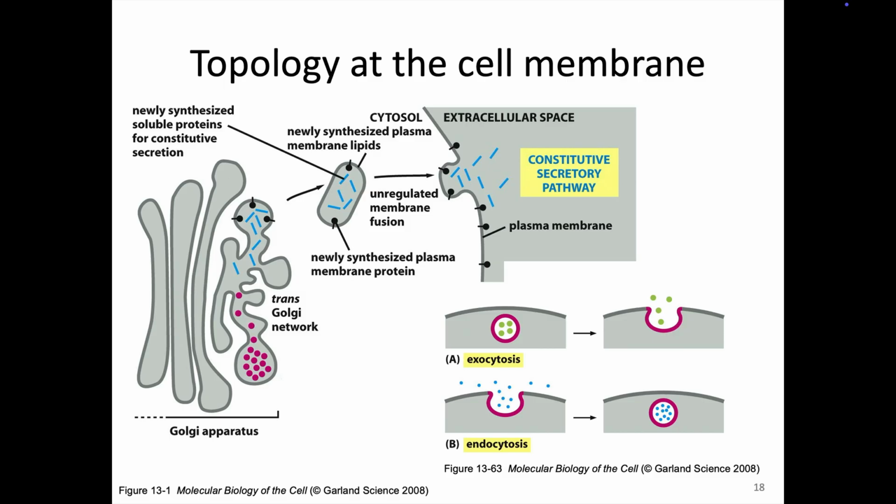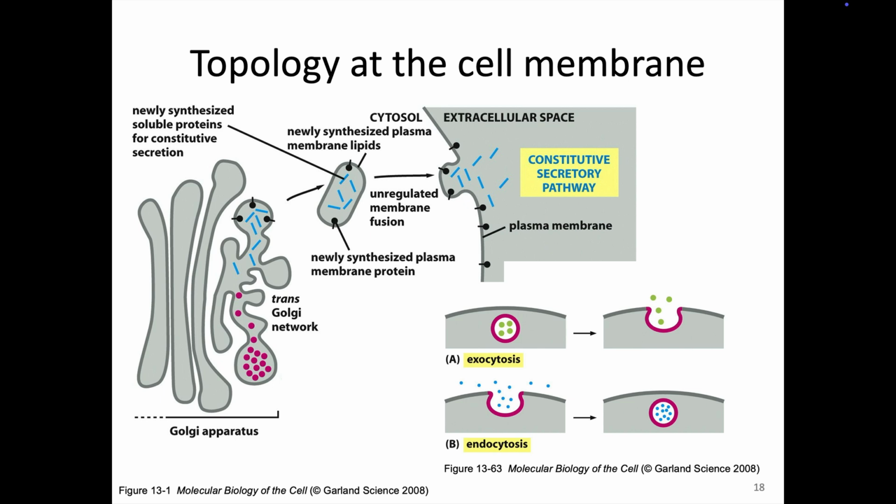This also is true at the cell membrane. So we can see the Golgi here, and sometimes we have vesicles that will leave the Golgi and fuse with the cell membrane. That's how we get things secreted, or that's how we get things to be transmembrane proteins.